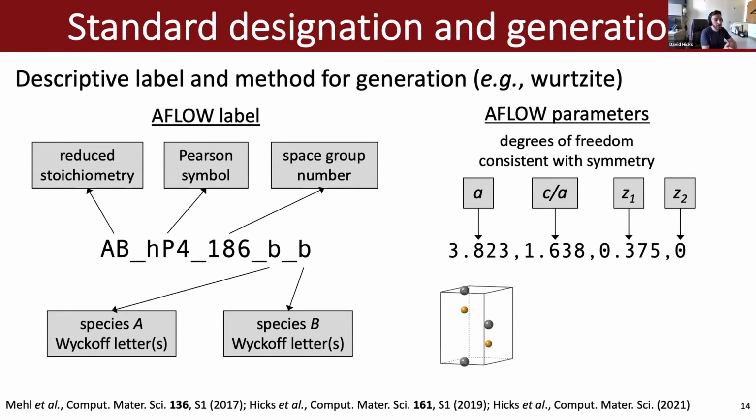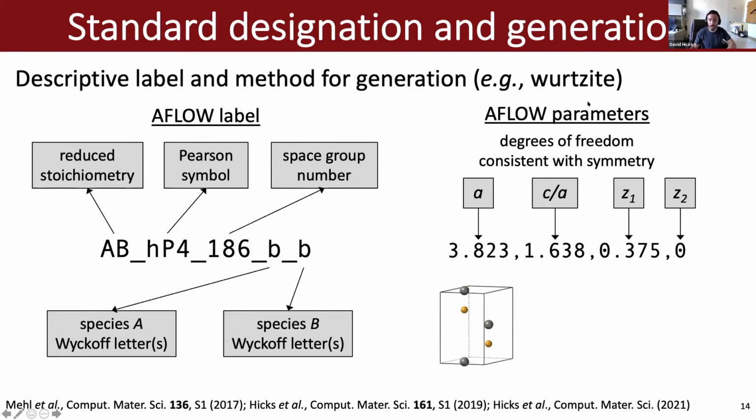And so here in the first field, we have the reduced stoichiometry of the prototype structure. Next is the Pearson symbol. Then it's followed by the space group number. And then the subsequent fields are the Wyckoff letters associated with each species. So for example, species A has Wyckoff letter B, and species B also has Wyckoff letter B.